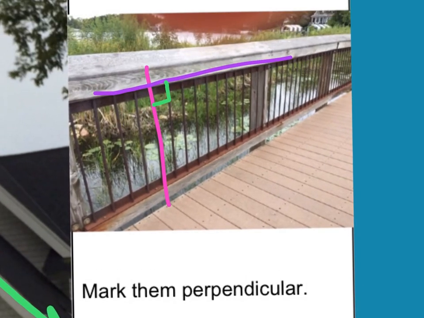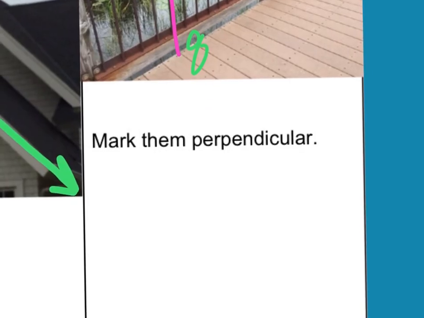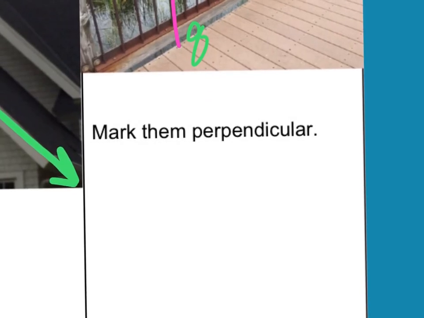I can call this line line R, and I could call this line line Q. The notation that I would use to show that those 2 lines are perpendicular is line R is perpendicular to line Q. It's an upside down T.